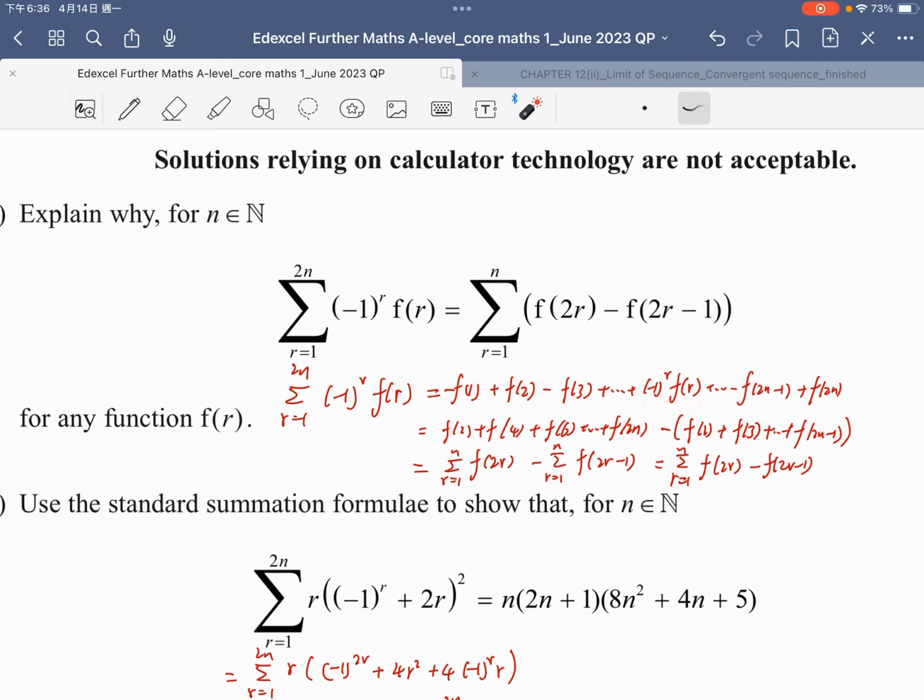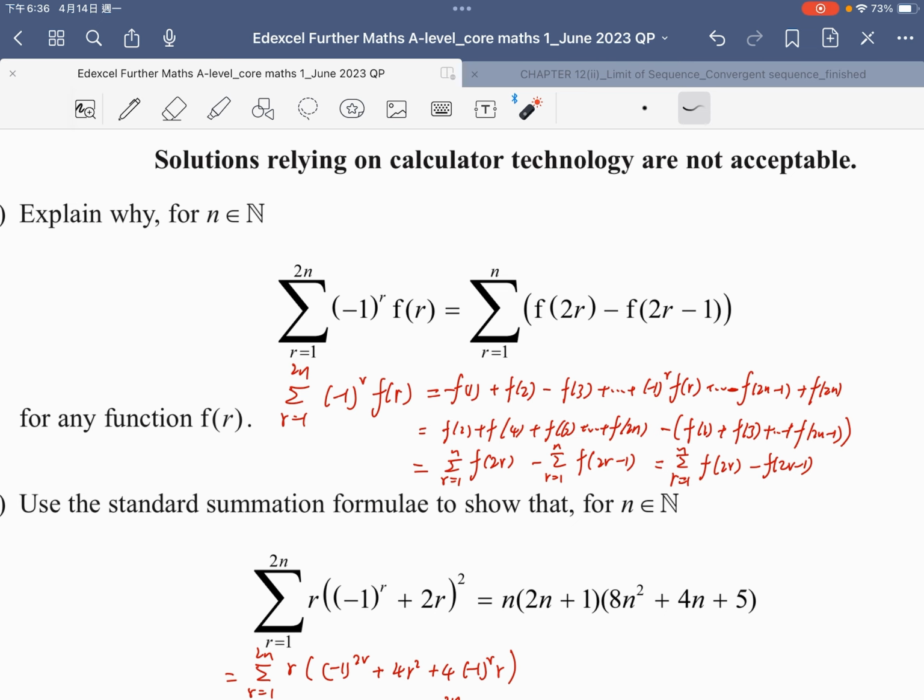Then the term f(2n minus 1) has a negative coefficient. I emphasize this point, negative. And the last one is positive f(2n). Here you can see that the signs are negative, positive, negative, positive, alternating.